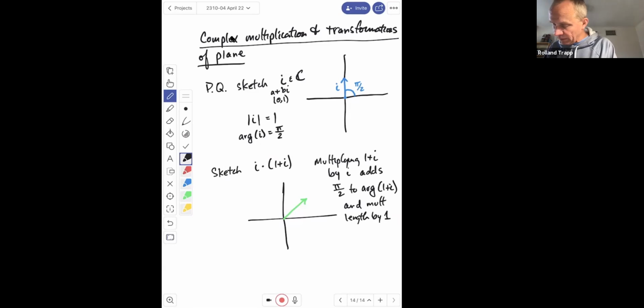In other words, it leaves it the same length.